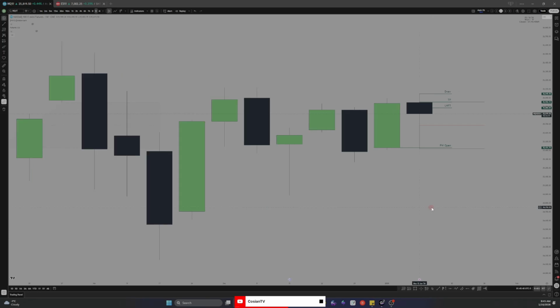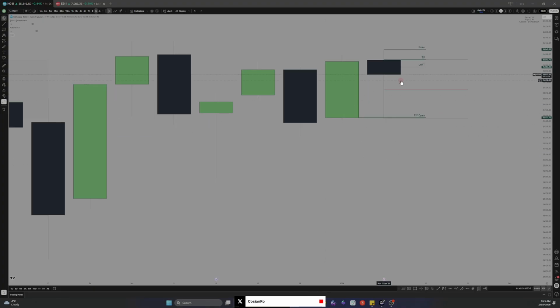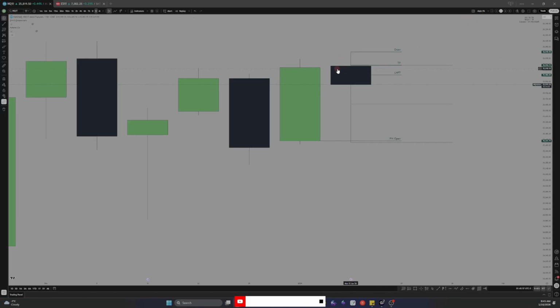If we see the weekly chart as it is now, small wick on the top, large wick on the bottom. Usually this kind of candle, the most we can expect from this kind of price action is that it closes near the open.